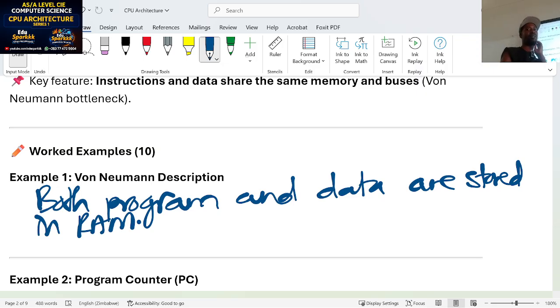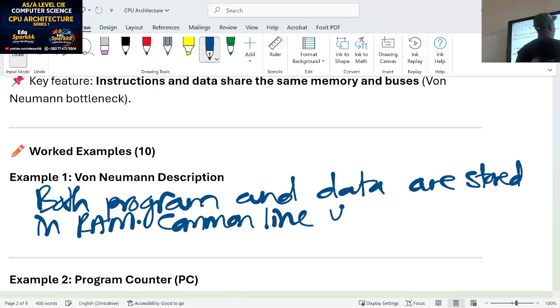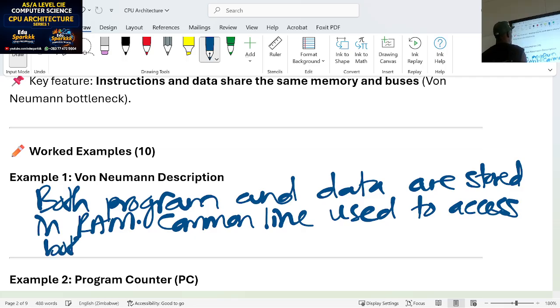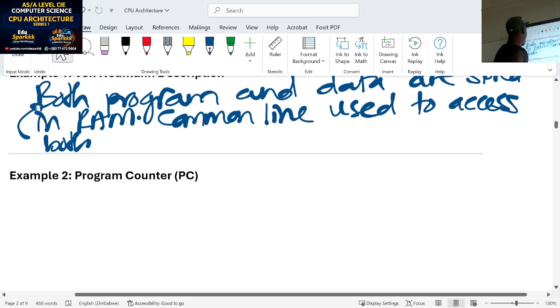And accessing of these two is done by the same bus. So we have a common line used to access both. When I say both, I'm referring to program and its data. So whenever we have both program and data occupying RAM and also using the same address buses for movement, then we say that follows the von Neumann architecture.